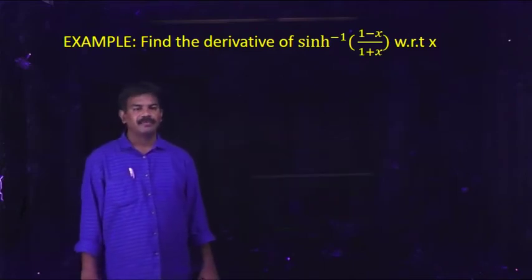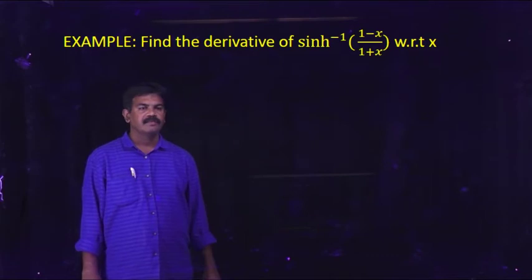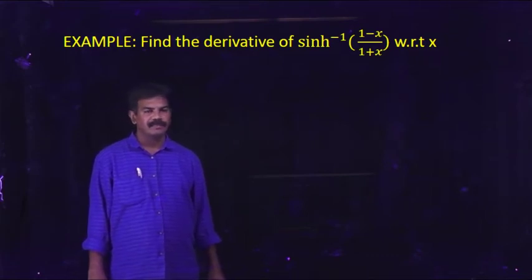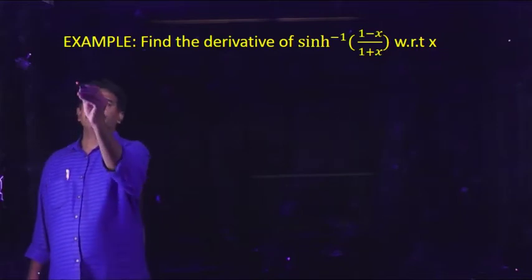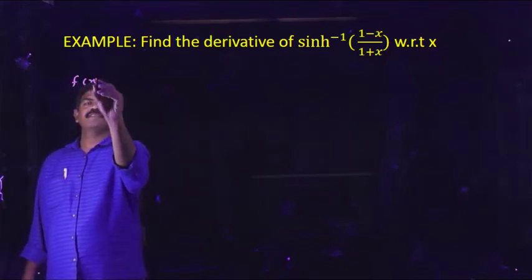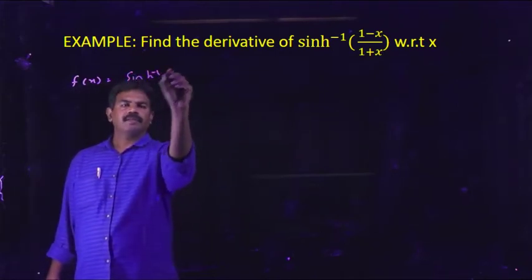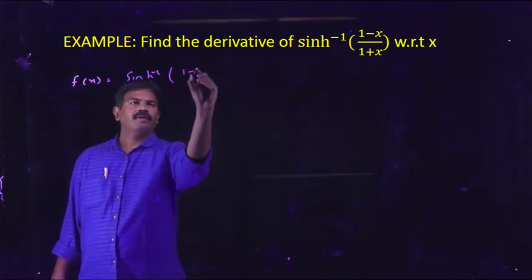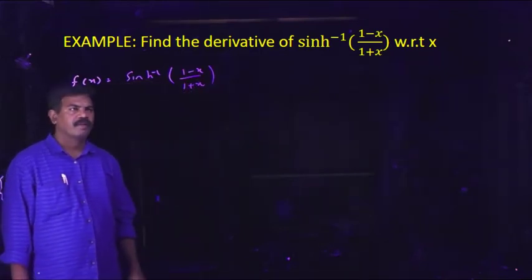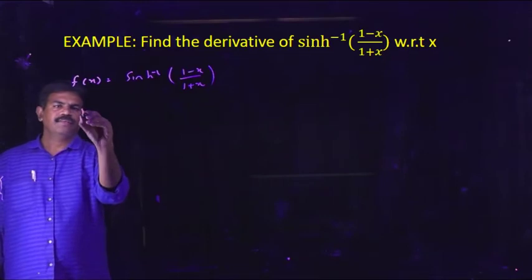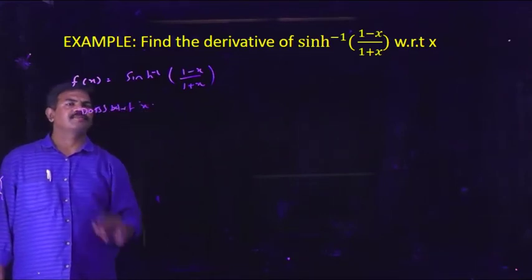Now see the example. Find the derivative of sinh inverse of (1 minus x by 1 plus x) with respect to x. So first we say that f of x is sinh inverse of 1 minus x by 1 plus x. So differentiating on both sides with respect to x.